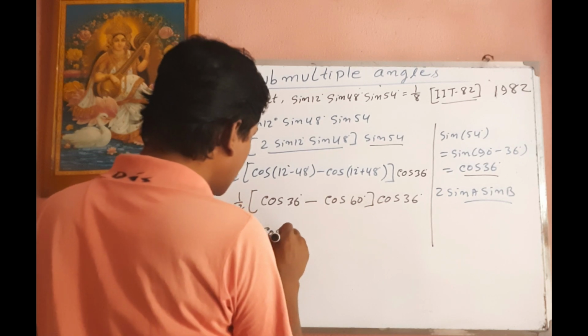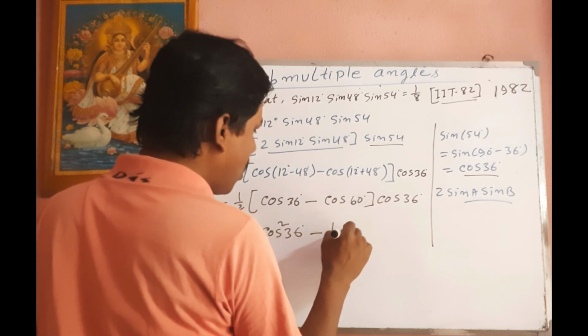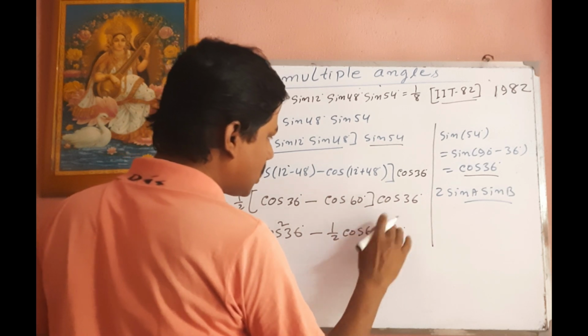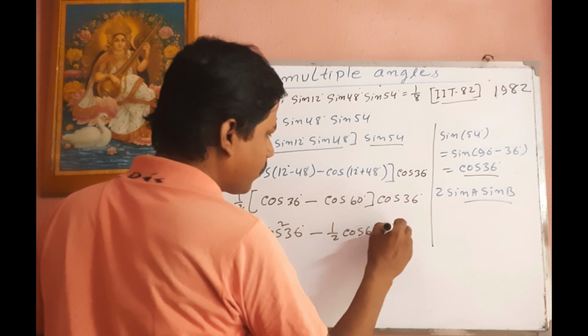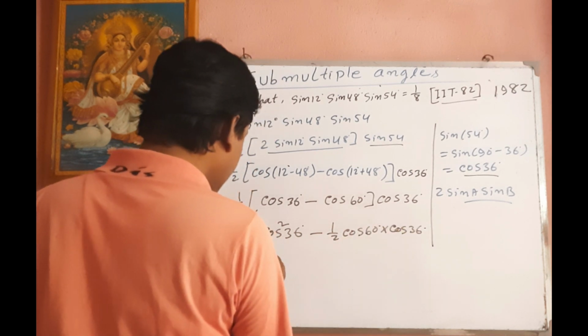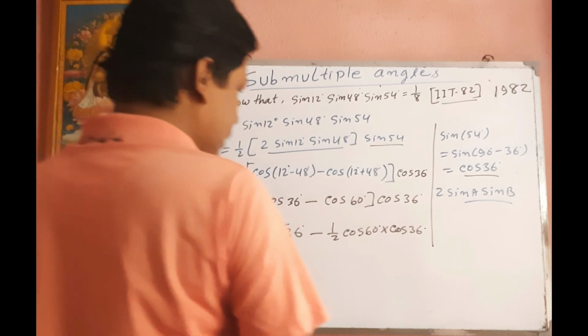Multiplying, cos of 36 squared and half of cos 60 into cos of 36. Now the value of cos of 36 is given.